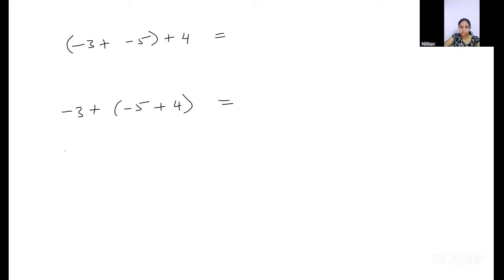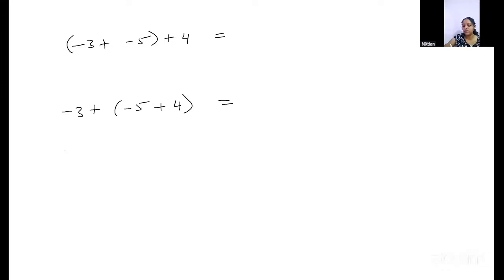Is the answer to the first one 2? No, check again. -4. Correct. The second one is also -4.